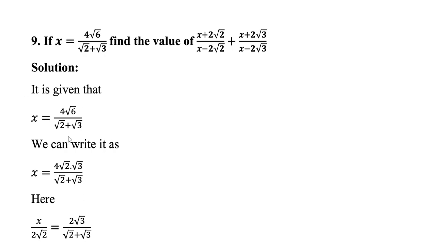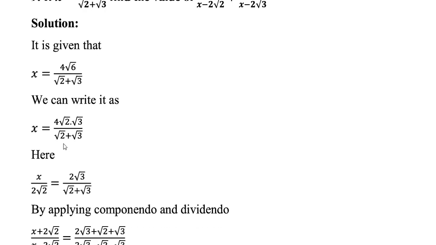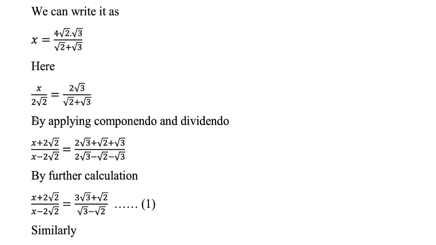It is given that x is equal to 4 root 6 divided by root 2 plus root 3. So we can write it as x is equal to 4 into root 2 into root 3 divided by root 2 plus root 3. After that, x divided by 2 root 2 is equal to 2 root 3 divided by root 2 plus root 3.